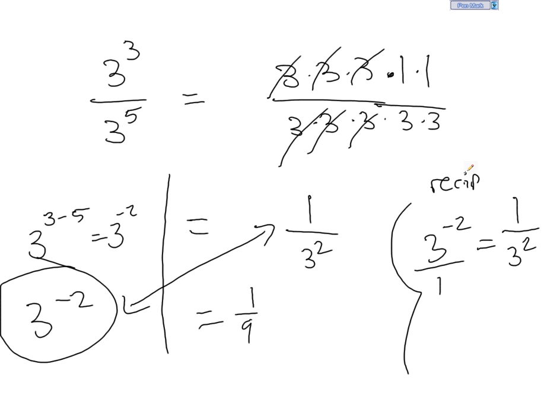We call this a reciprocal whenever we flip the fraction. And in order to do that and still maintain the same value, because obviously 3 to the negative second is not the same thing as 1 over 3 to the negative second, we notice that we can end up changing the sign, because 3 to the negative second ends up being 1 over 9, which is 1 over 3 to the second.